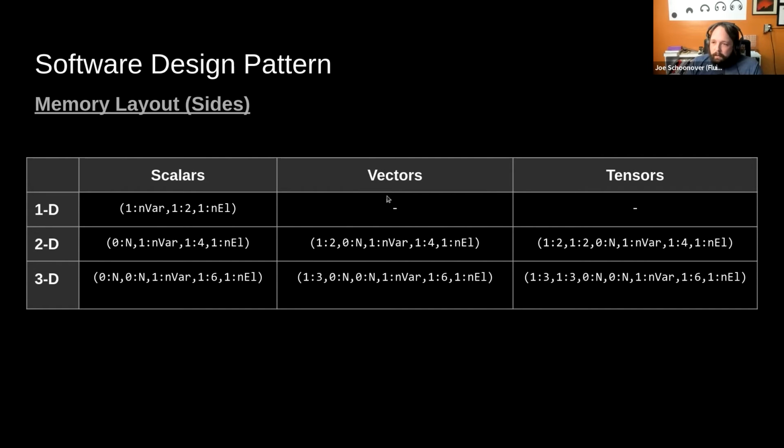The same rules apply for the vectors and tensors, and again we've stuck those directions and the rows and columns out front. In 3D, the process repeats. A scalar on a sidewall is really a 2D plane, so we have a 2D polynomial representation on the sidewalls, etc.